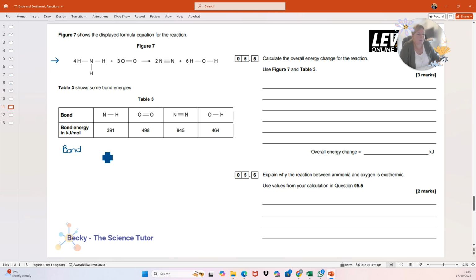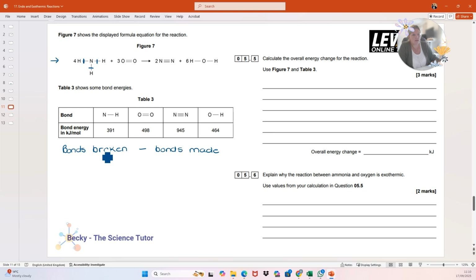So we'll do our bonds broken, and it's always minus our bonds made. All we're going to do is work through methodically what is broken. You can see here we've got a hydrogen to a nitrogen. So there's 1, 2, 3 bonds that I need to break within that nitrogen molecule.